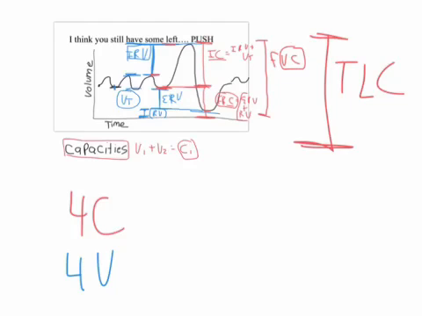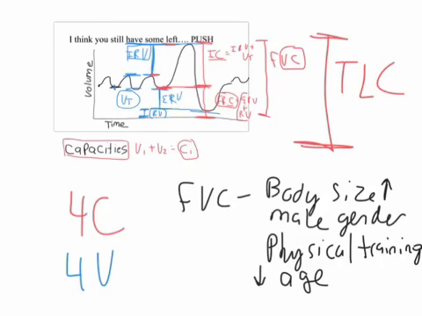It's the vital capacity. Now, just as a side note, things that physiologically increase the forced vital capacity are increased body size. A large person is going to have a larger vital capacity. Male gender, males have a larger FVC. And then physical training will allow your FVC to increase because you're constantly forcing air in and forcing it back out, and so it's changing your volumes and elasticity.